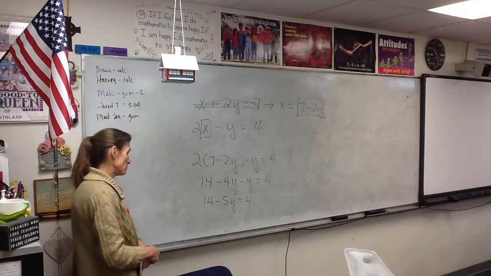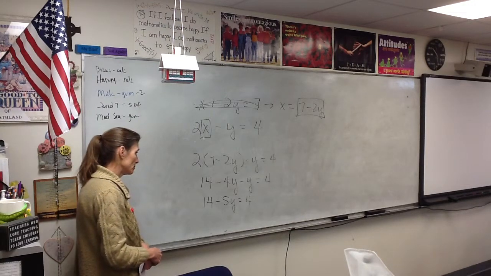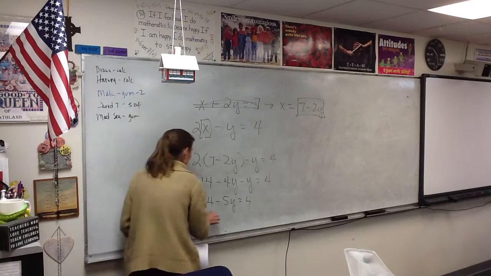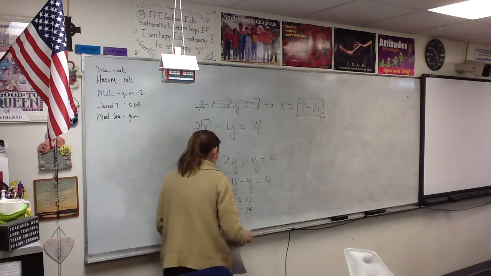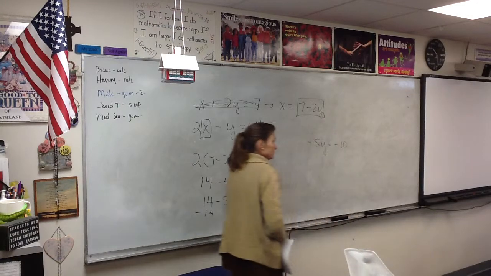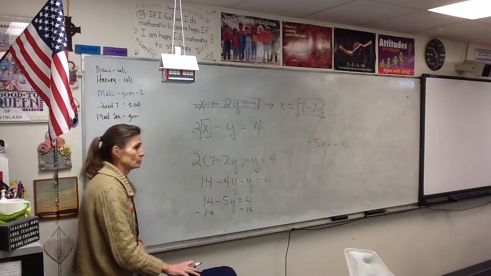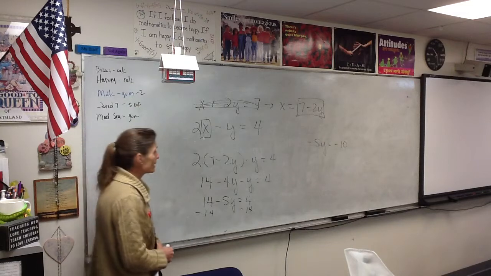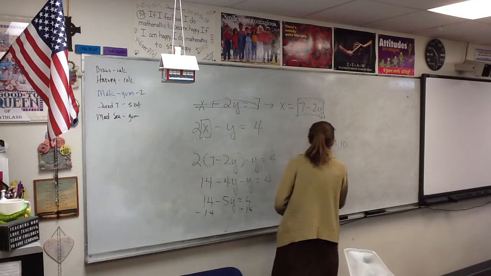Now what? Subtract 14 from both sides. So negative 5y equals negative 10. And y would equal 2.